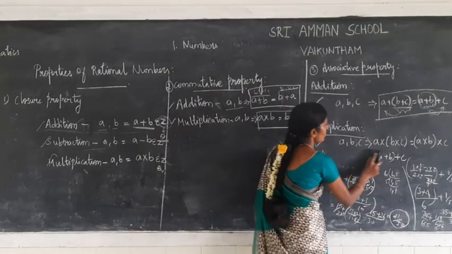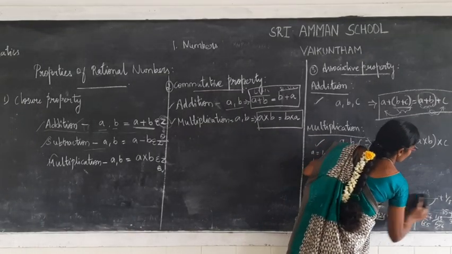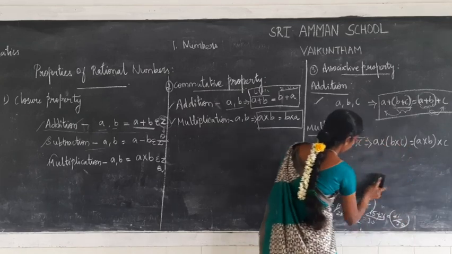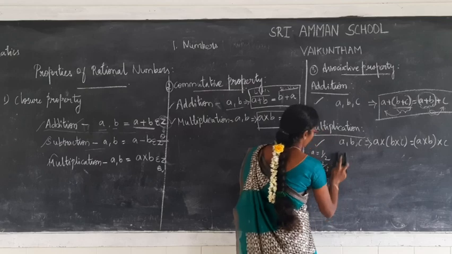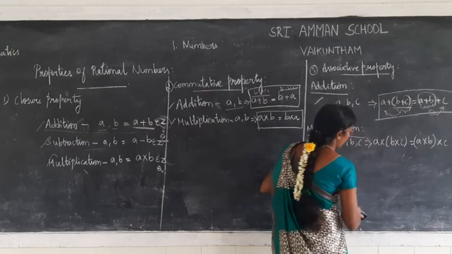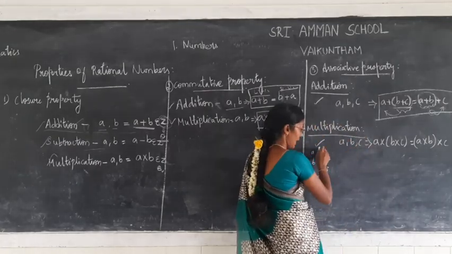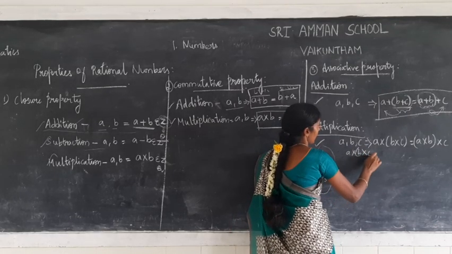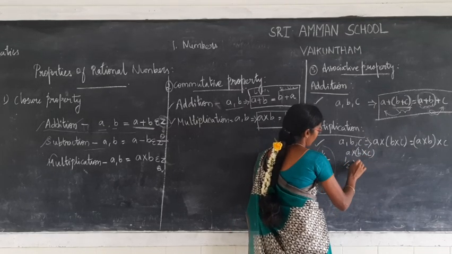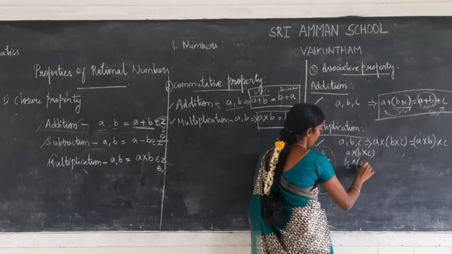Okay. So likewise, the multiplication also. See here, multiplication, the same numbers, you can take a into b into c. So what is a? 1 by 2. What is b? 2 by 3.